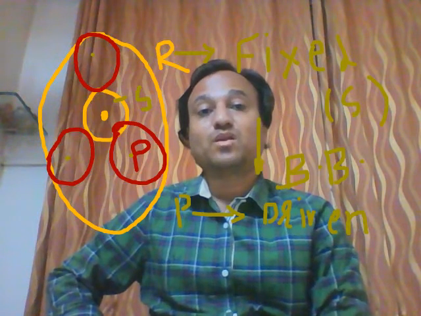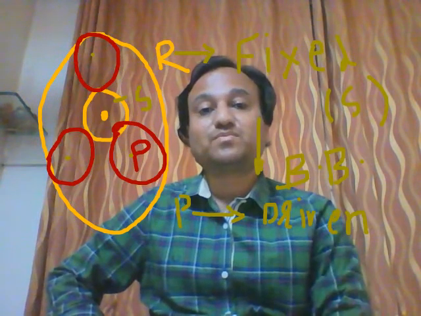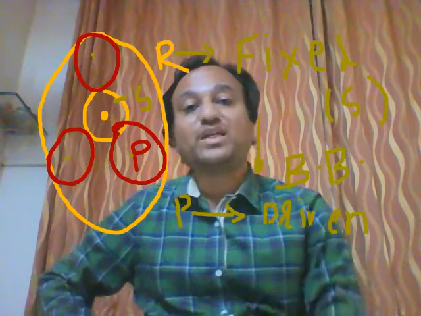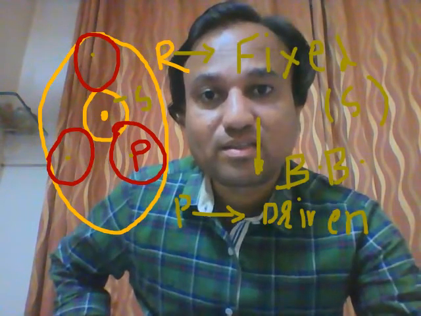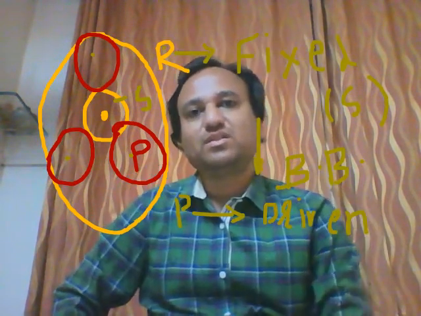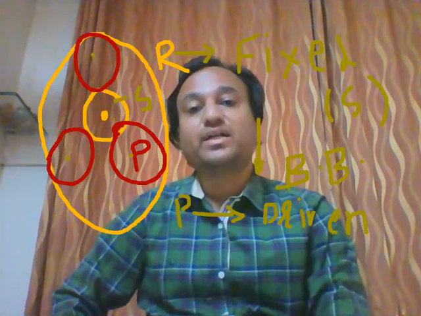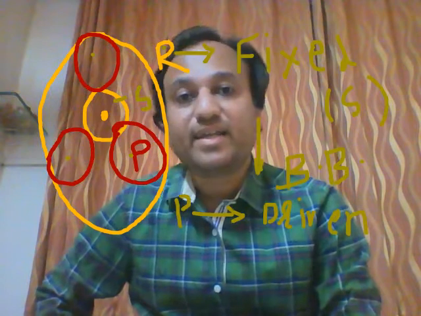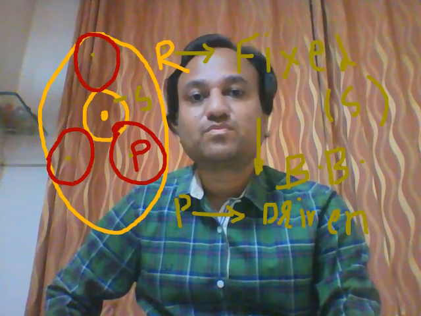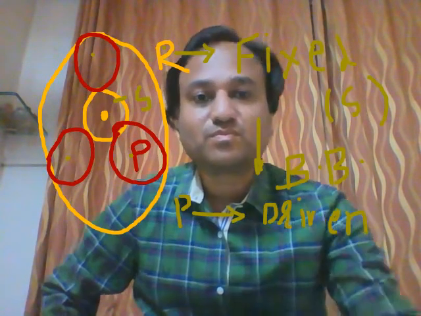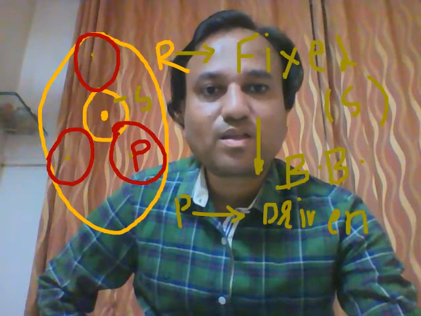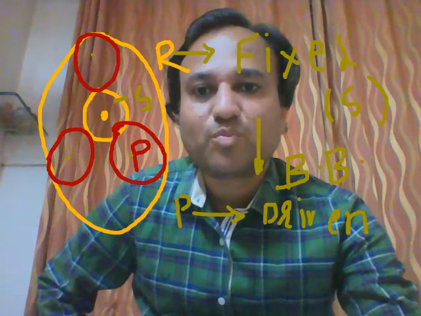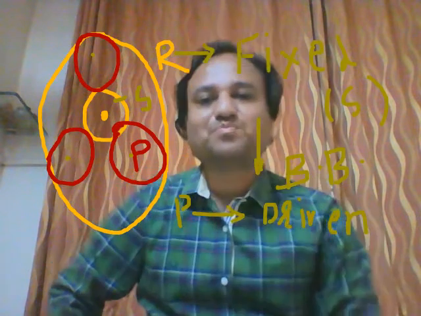Now, when band brake exerts some actuating force on ring gear, so second case I am considering. So when band brake exerts some actuating force on ring gear, then there will not be motion transmitted from planet to ring gear.